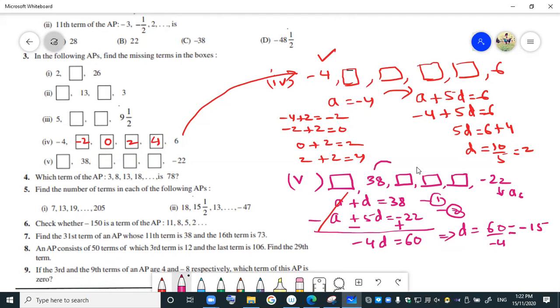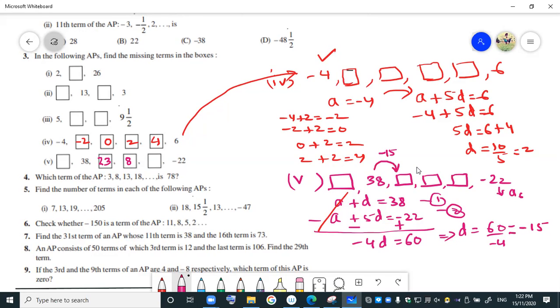Means when you add -15, adding means subtracting 15. So 38 minus 15 is 23. Then again subtracting 15, 23 minus 15, 8. Okay. Then subtracting 15.